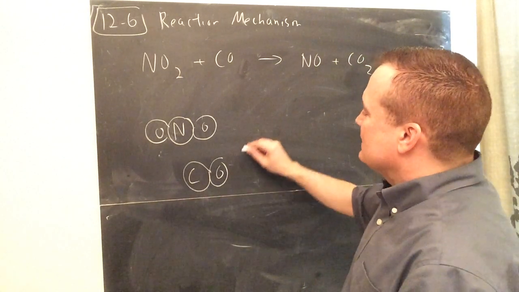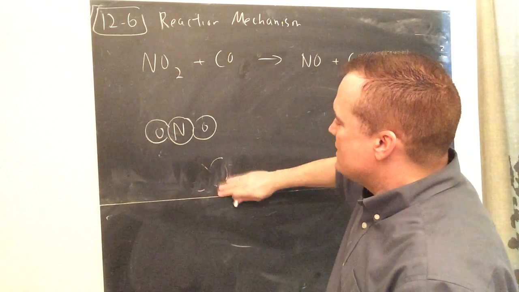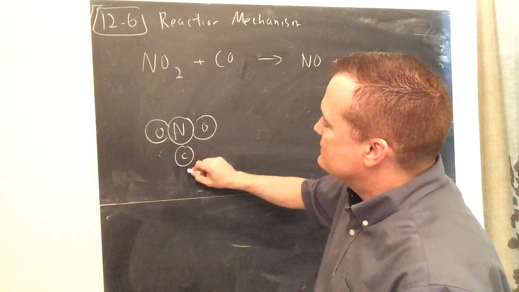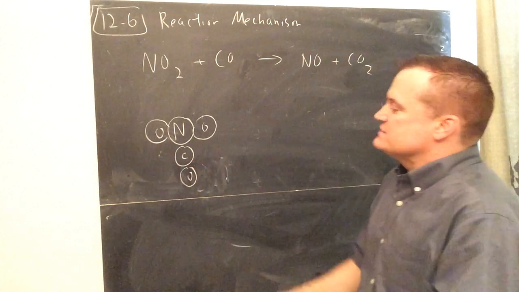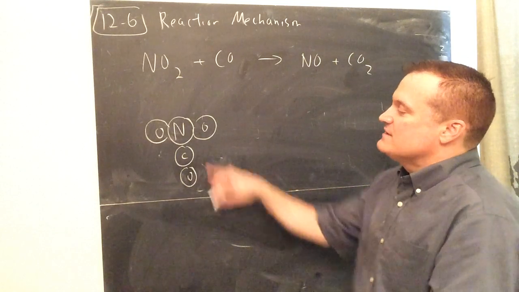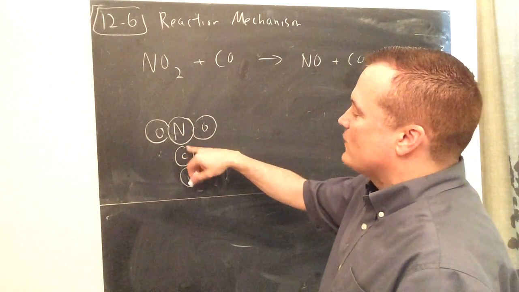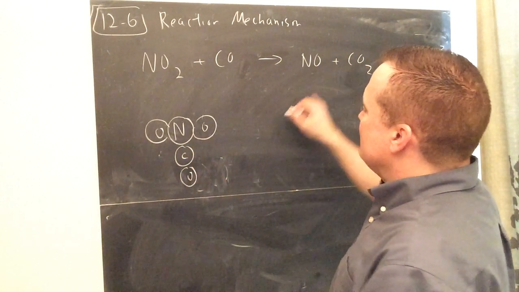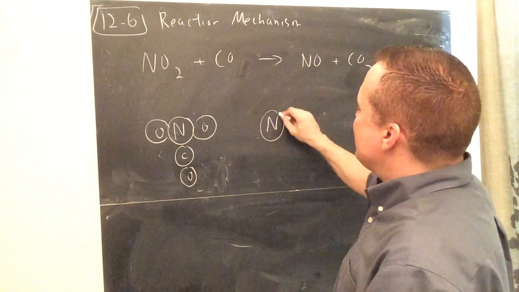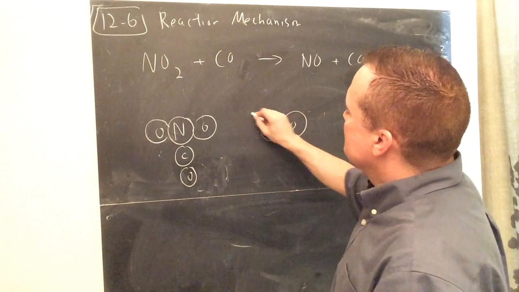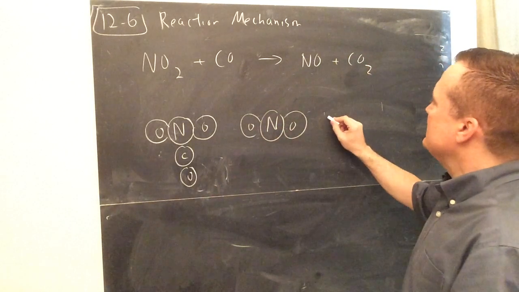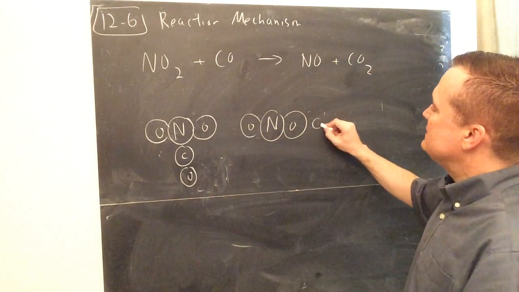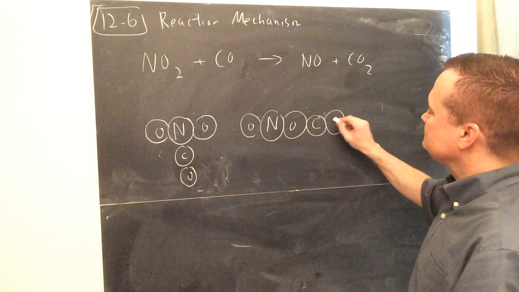If they were to collide with the carbon of the CO, if the carbon were to strike here, it will bounce, but there won't be anything formed right there. In order to get these products, most likely what has to happen is, on the nitrogen dioxide molecule, the carbon of the CO needs to hit this O right there.